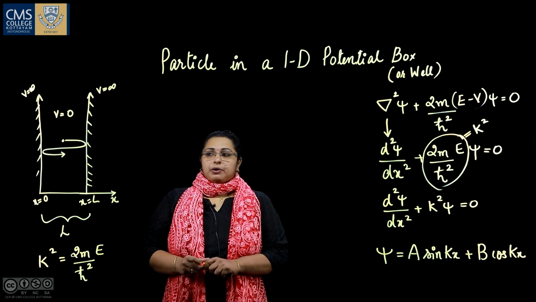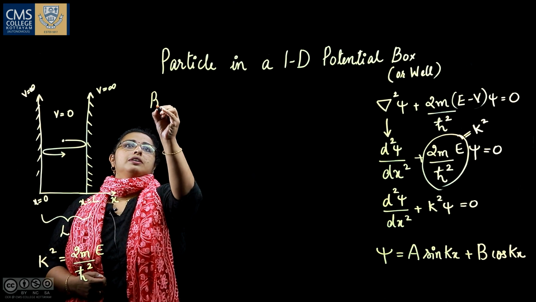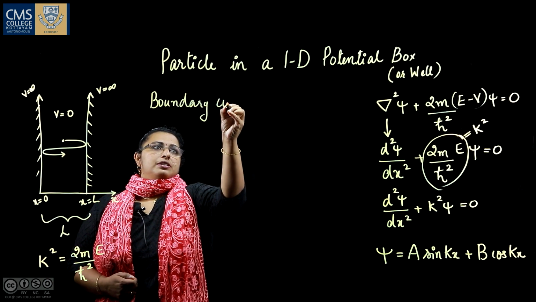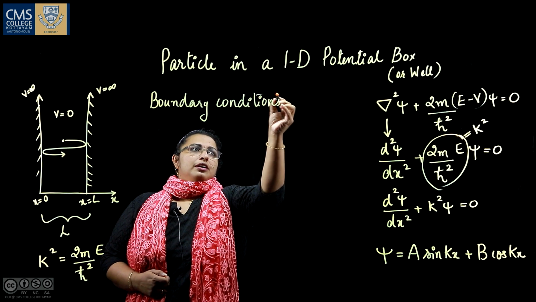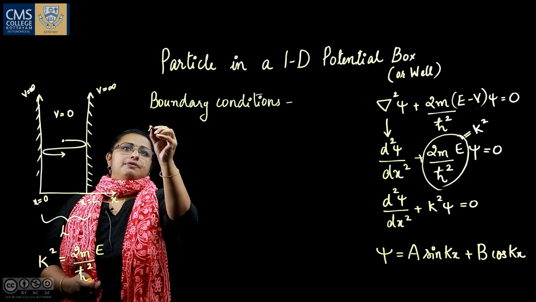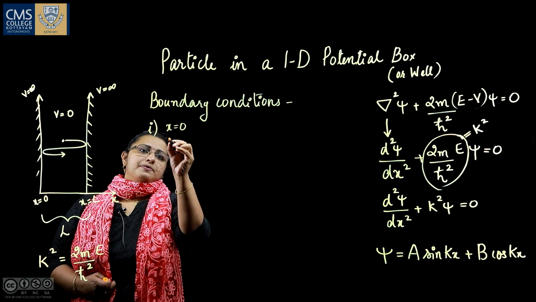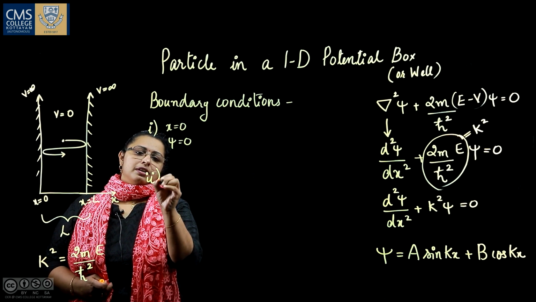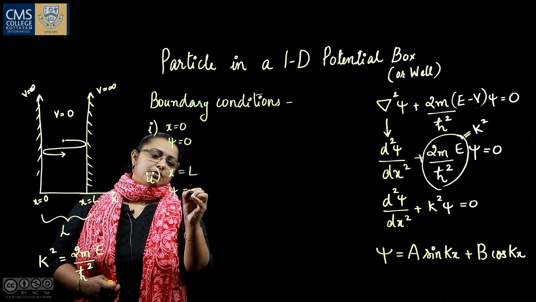So we will be applying the boundary conditions. The first one is when x is equal to 0, psi is equal to 0, and the second one is when x is equal to L, psi is equal to 0.